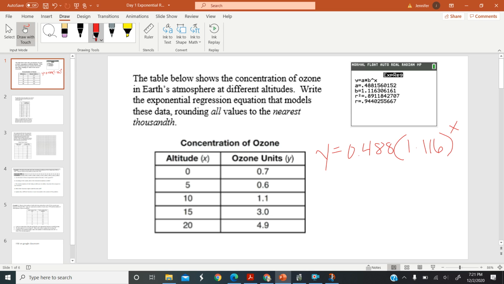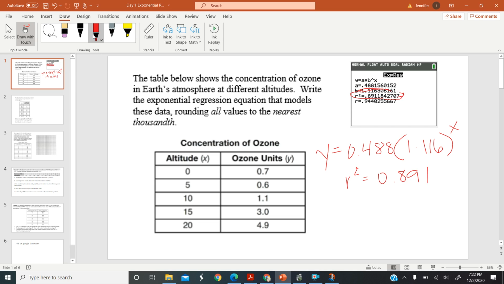And then the other thing that I want you to look at is the r squared value. One thing that we're going to be looking at in this unit is if it's a good equation, a good model for the data. So I'm just going to write r squared equals 0.891.